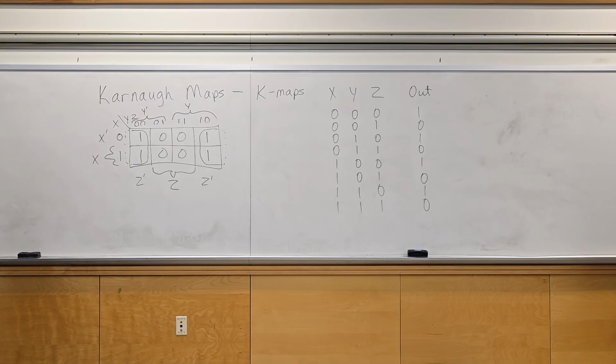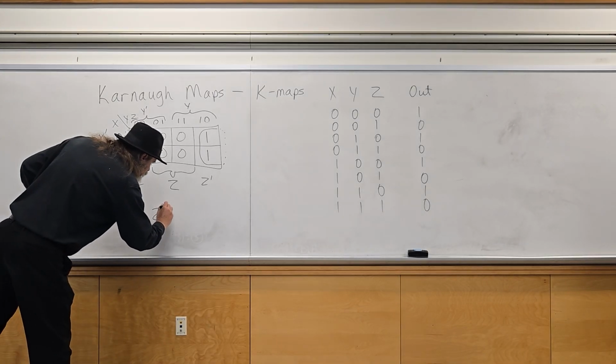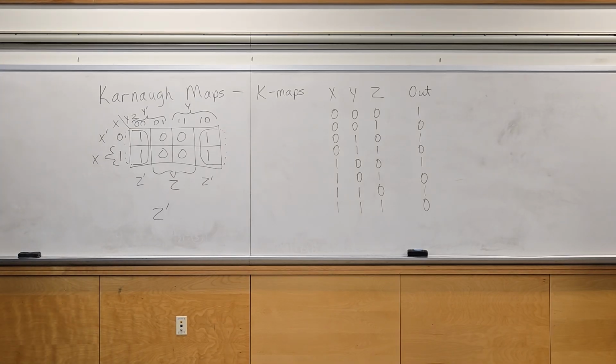A group of 4 is only one term in a 2 by 4 K-map, so it would be just Z prime, because of the wraparound.